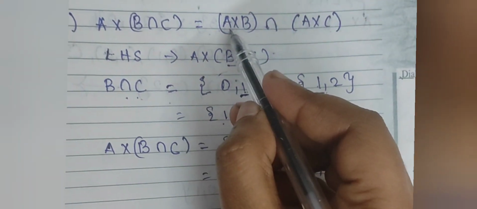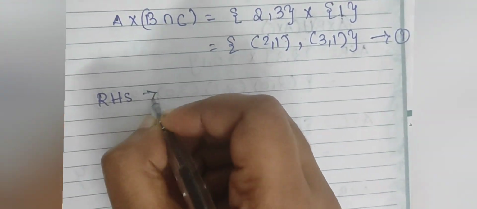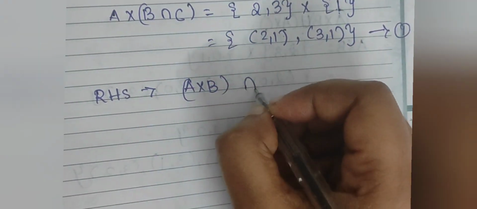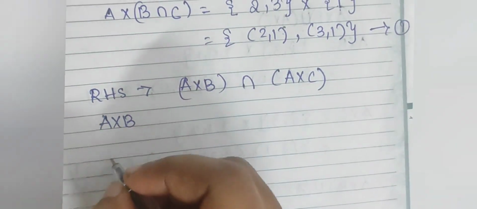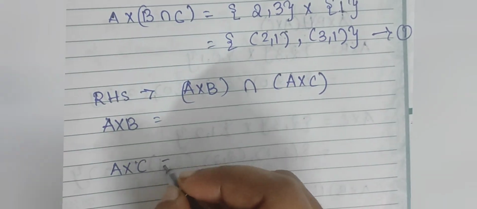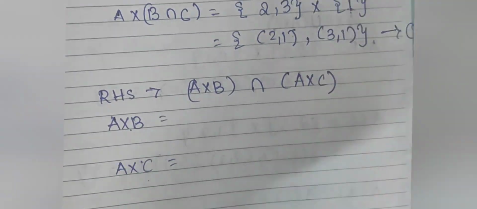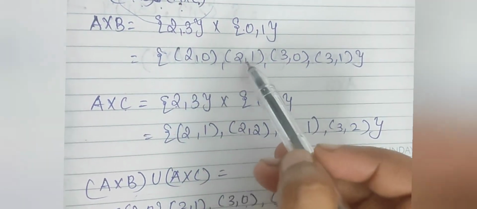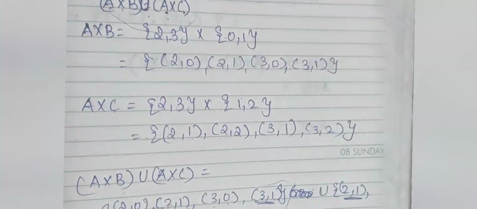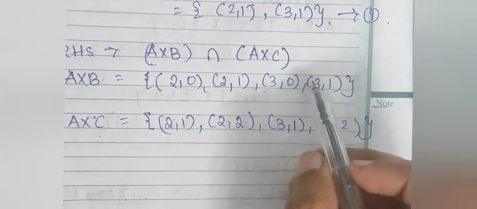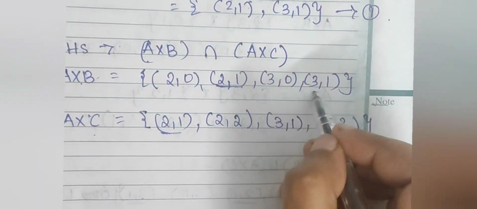Now we have to write the right hand side. RHS is equal to (A cross B) intersection (A cross C). So we can write the values of A cross B and A cross C from the previous sum which we have done. A cross B is equal to (2, 0), (2, 1), (3, 0), (3, 1), and A cross C is equal to (2, 1), (2, 2), (3, 1), (3, 2). Now let's underline the repeated values, that is (2, 1) and (3, 1).